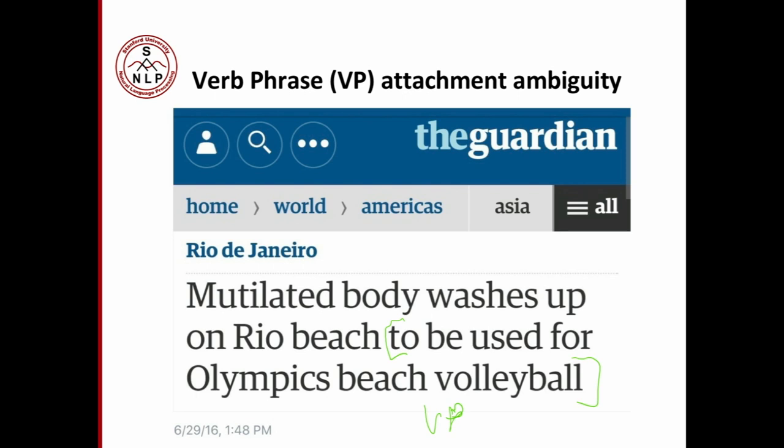So this to be used for Olympics beach volleyball, what the right answer is meant to be is that it is a dependent of the Rio Beach. So it's a modifier of the Rio Beach. But the funny reading is that instead of that, we can have, here's another noun phrase, mutilated body, and it's the mutilated body that's going to be used.